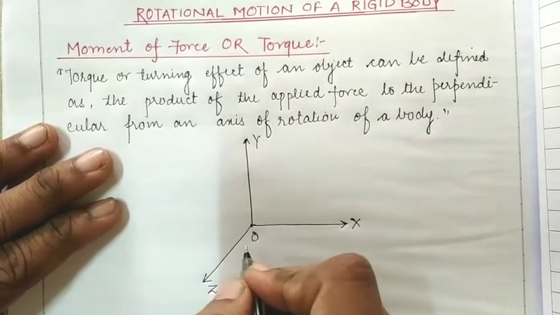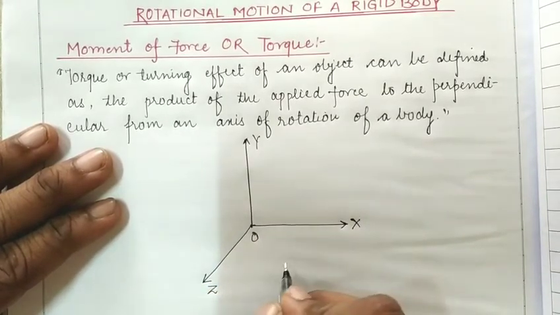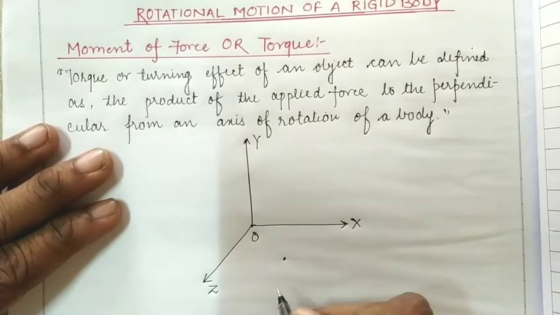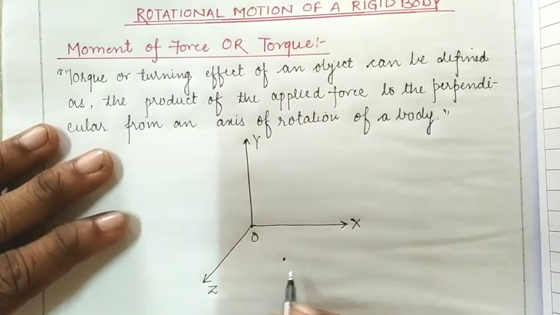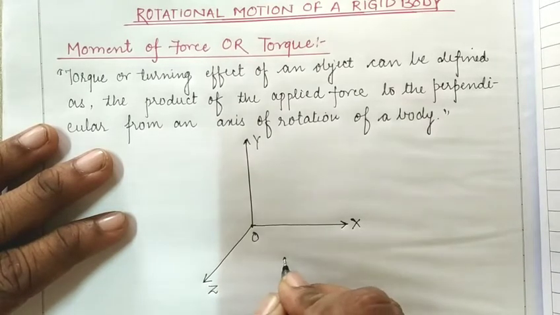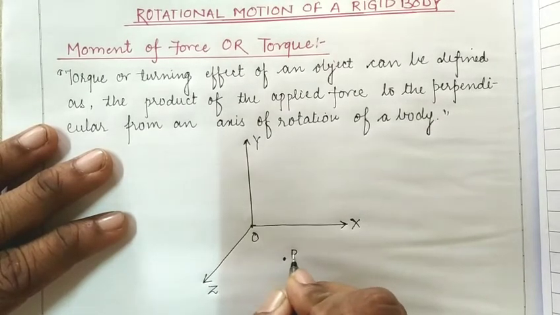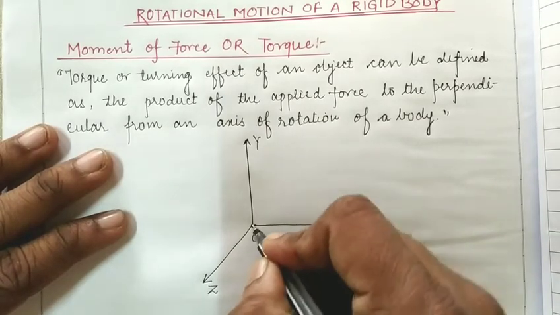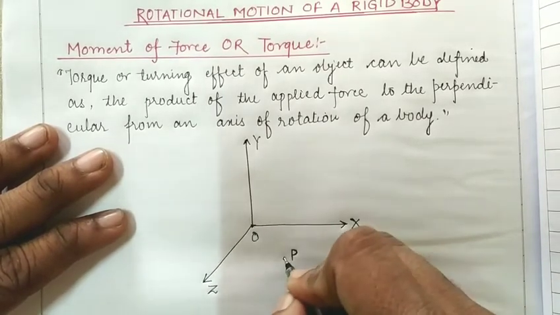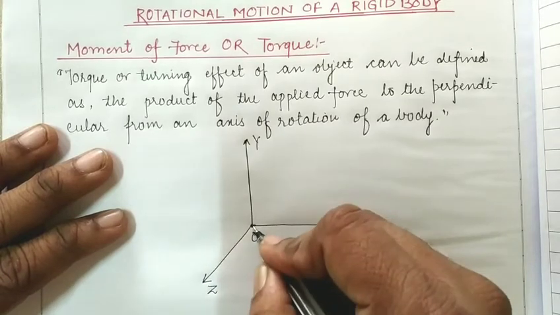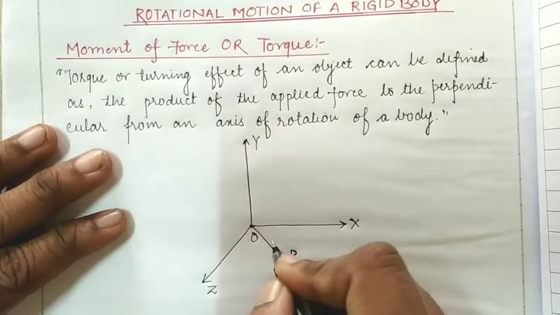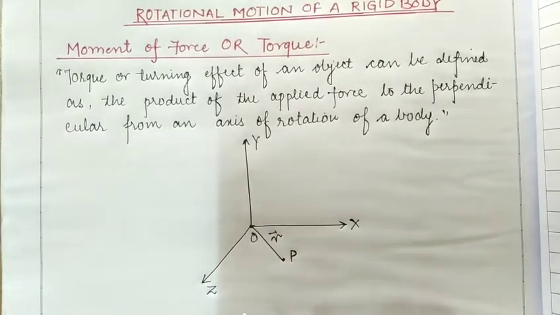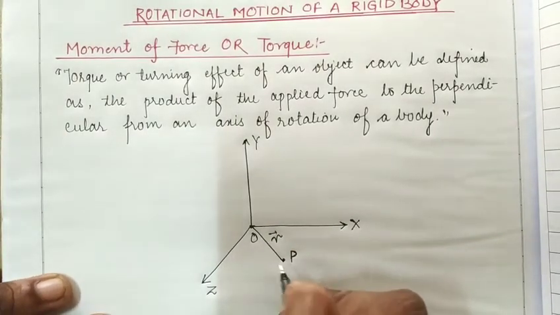Let us suppose that a particle, denoted by P, is placed in the xz plane where y is absent. The perpendicular distance between P and the origin O is r.